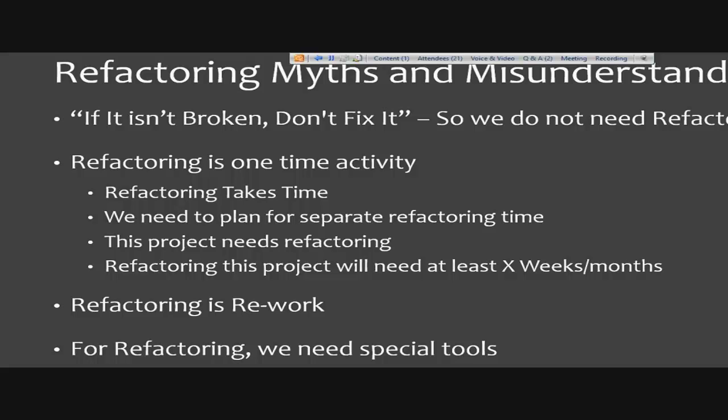That's the kind of statement you will hear on a usual work day. All these notions come from assuming that refactoring is a one-time activity. But refactoring is not a one-time activity, as we rightly see in the definition. It is a series of transformations, right?